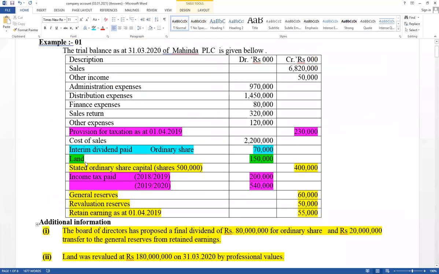Think about the number of shares given in the trial balance. Stated ordinary capital. Think about this part, it has given ordinary shares 500,000 available. Stated ordinary capital 500,000 available in the trial balance. Number of shares already issued is 500,000.